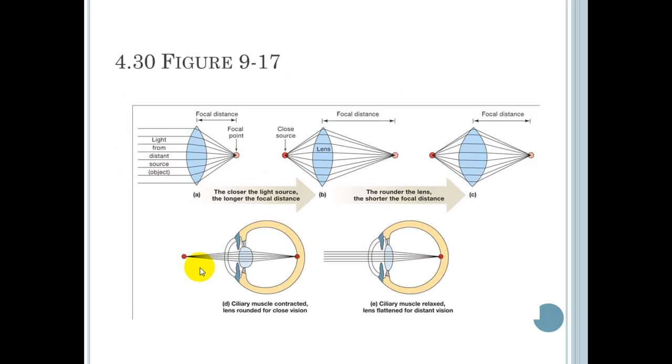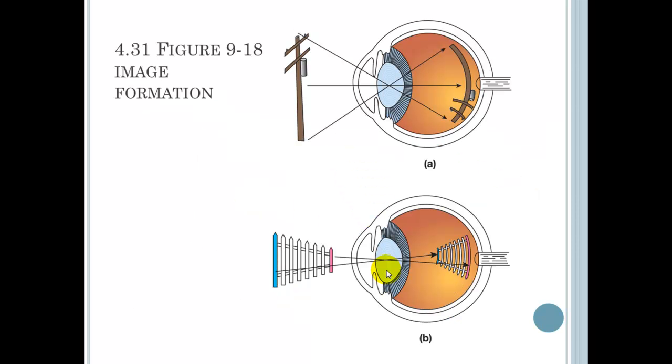So again, same picture, and we just went over this. If the target is close, the lens changes and is pretty much rounded. And if the object is far away, the lens flattens for distance. Image formation: everything is upside down and backwards as it's imaged onto the eyeball.